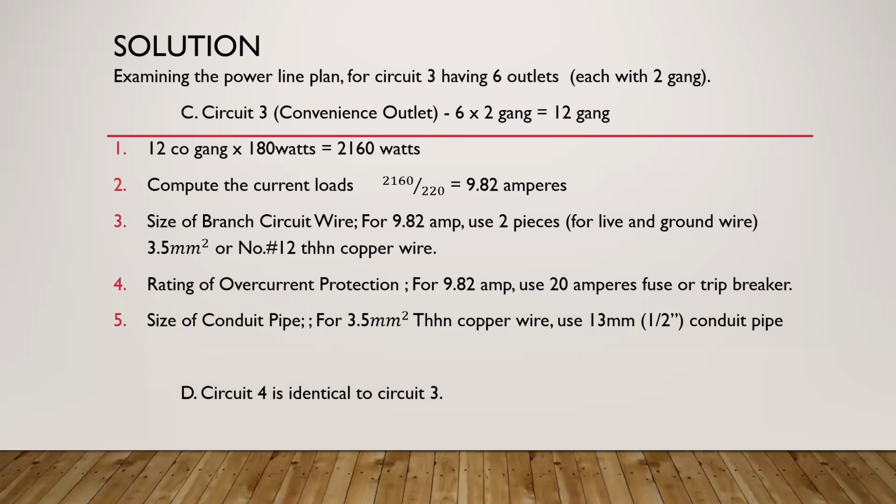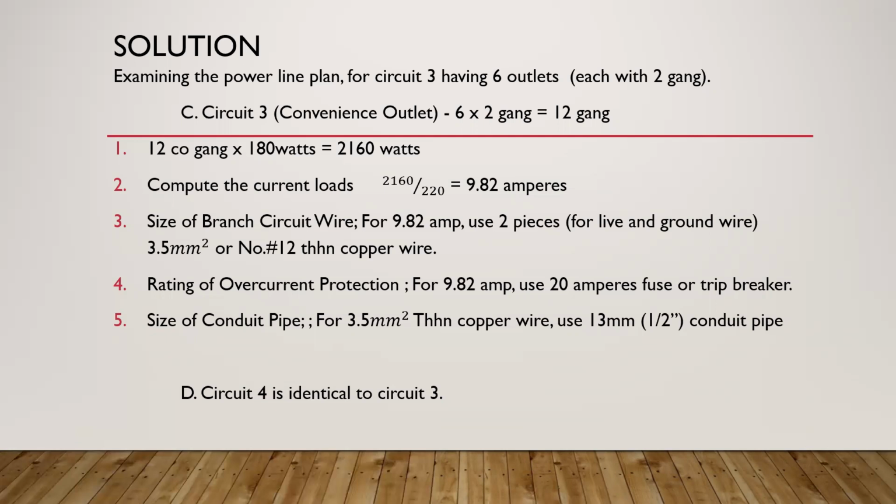So we will have a total load of 2,160 watts. And step number 2, we will compute the current load. We will just divide by the type of service, which is 220 ang i-consider natin dito. So we will have a value of 9.82 amperes.